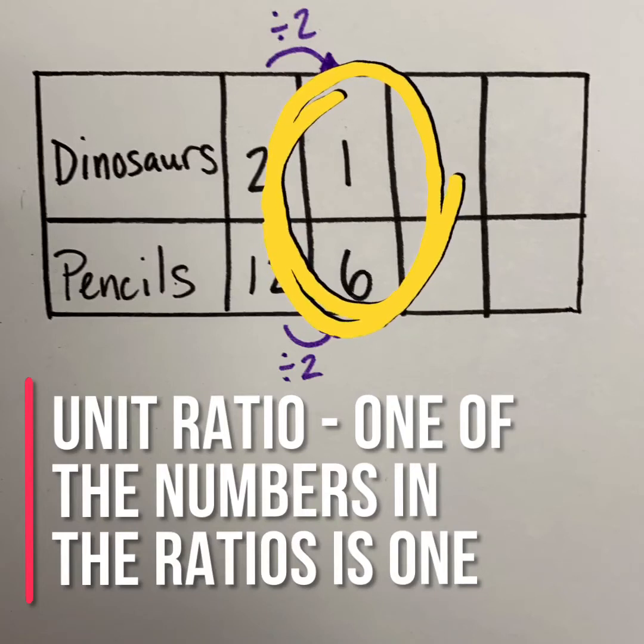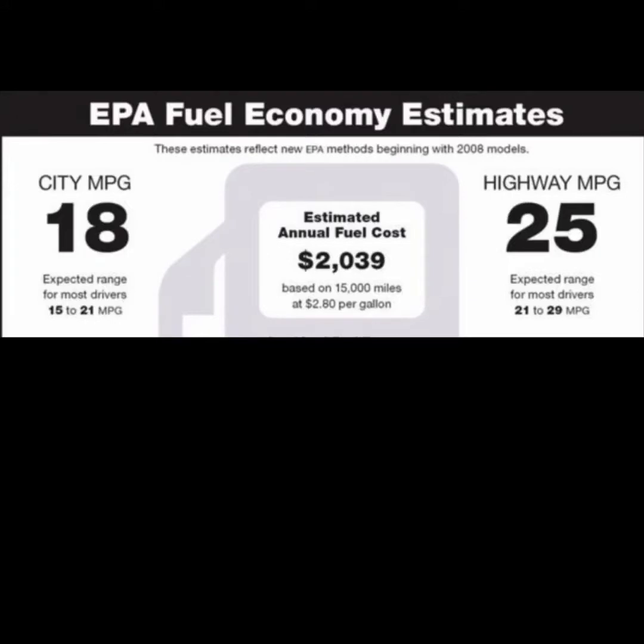Now, this example is a little bit out there, but you might know one type of a unit ratio that goes into your car. If your family has ever gone shopping for a new car, you might have noticed this sticker in the window of the car. This shows both the city miles per gallon and the highway miles per gallon. And these are both examples of unit ratios.